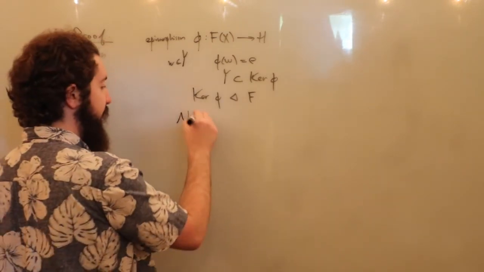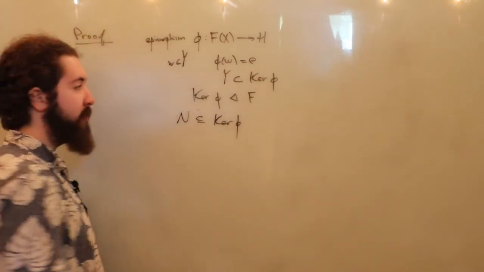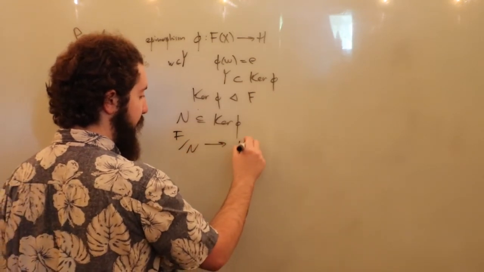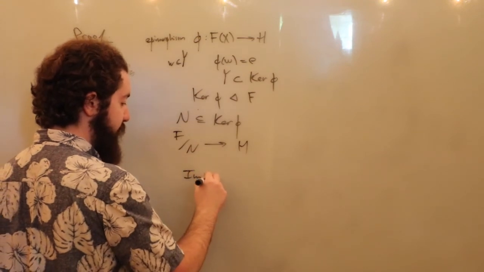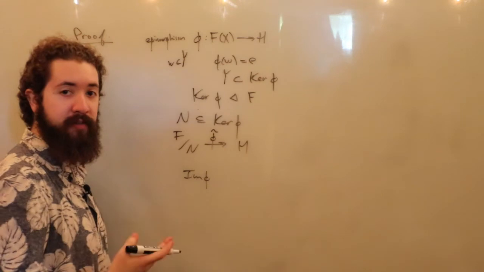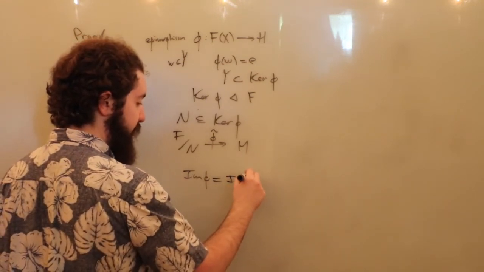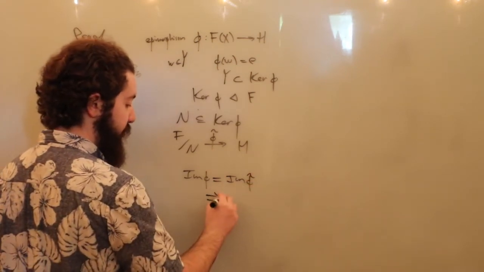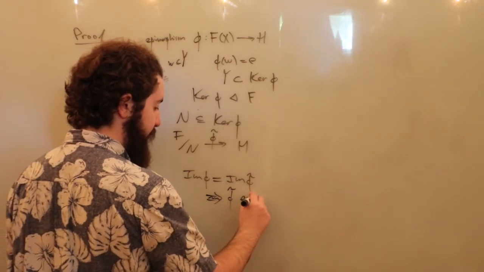So in other words, N is in the kernel of phi, so we do get the homomorphism from F quotient N to H. And in fact, we said that if the image of phi, this new map is phi tilde in our previous notation, is equal to the image of phi tilde, and it is in this case, then this implies that phi tilde is an epimorphism.